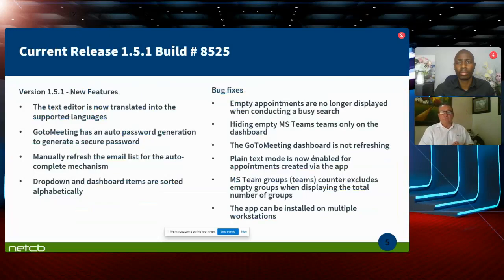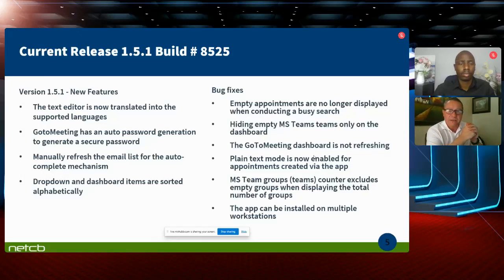So moving on, just in terms of the current release, I'm not going to get through every single one of these bullet points, otherwise we're going to run over time. But I think what's important to note is that there's now multi-language support in terms of our translation. Also, very importantly, this was a highly requested feature: GoTo Meeting has what they call auto password generation when you schedule a meeting, assuming you're doing it from their video conferencing platform.